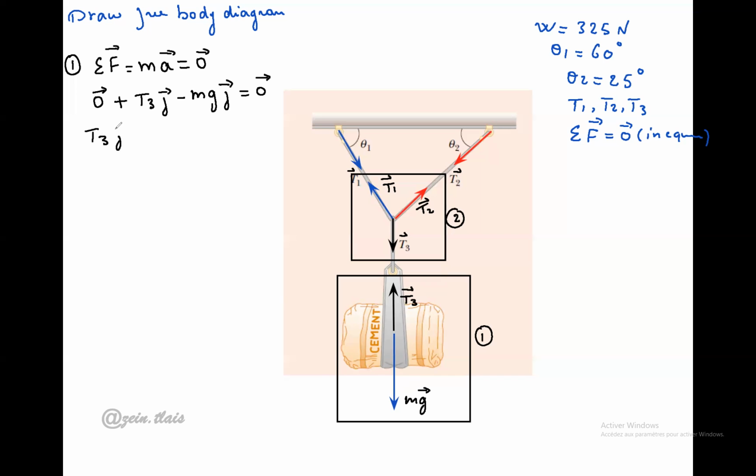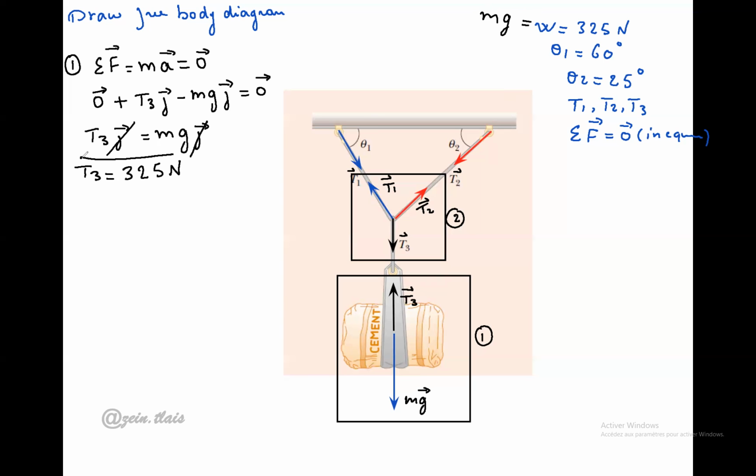So T3 j equals mg j. We can cancel j because we are in the same direction. So T3 equals mg, the weight of the object, equal to 325 Newton.